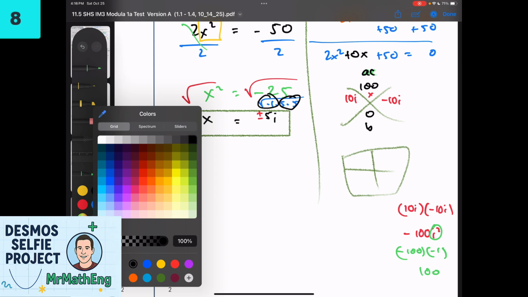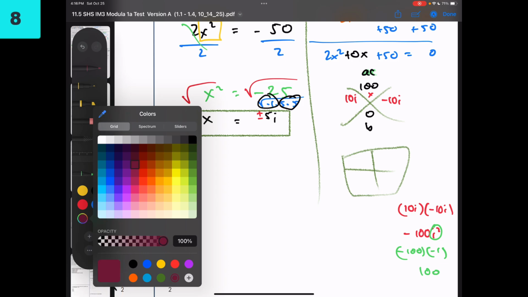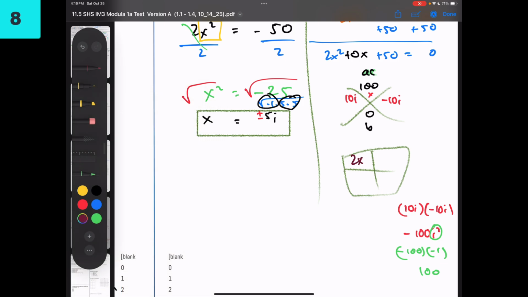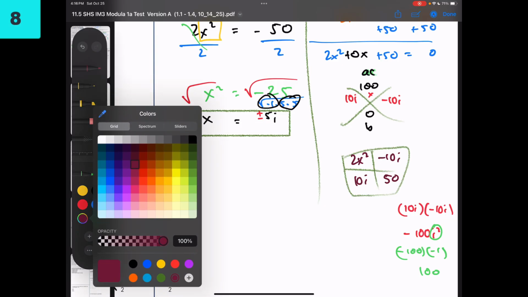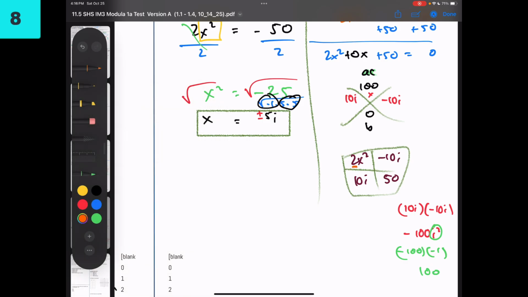Okay, so if you fill that out, 2x squared, 50, 10i, -10i. Okay, the 2 can go either way. So I'm going to go this way. See what happens. This will become a 10i. And over here, this will become a -5i.